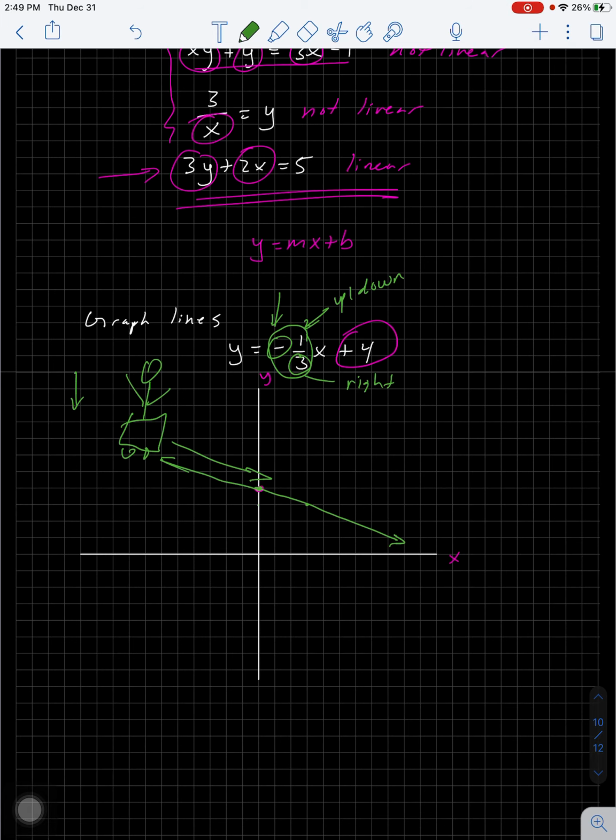And then the last thing in this section is if I give you a line like that, and I ask you, what is the average rate of change?